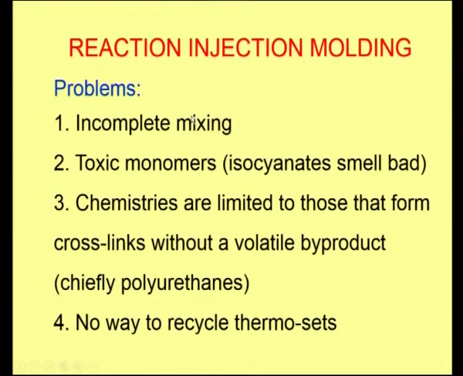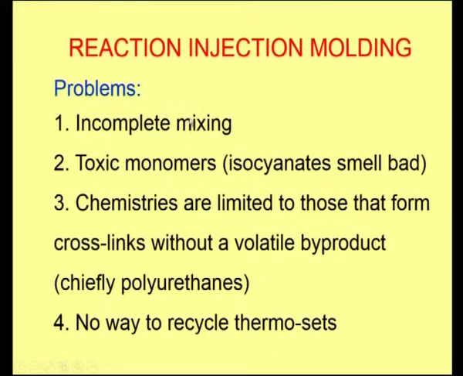Despite that, there are some drawbacks with reaction injection molding. One is with respect to the mixing. If the mixing is not thorough, then the ratio at which we want to mix monomer 1 and monomer 2 is going to affect the final properties of the polymer as well as the product.